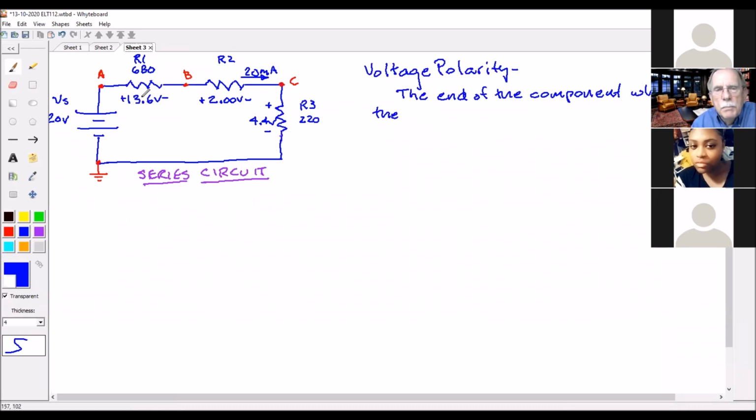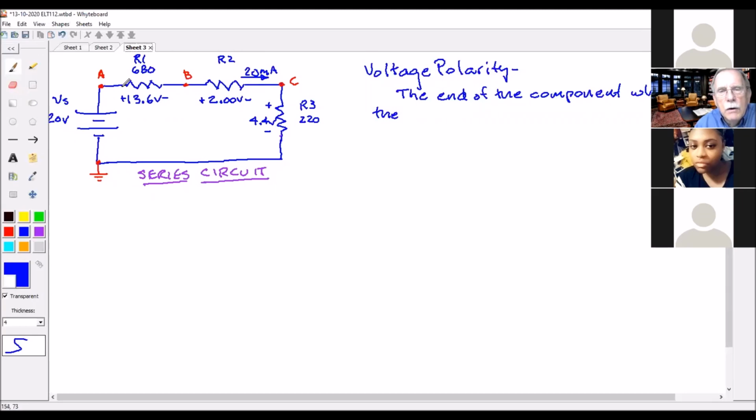So when we talk about the polarity of a resistor, we're going to look at, say, okay, this voltage, 13.6, was associated with R1. The more positive end of that is on the left side, the more negative end is on the right side. That's not because left is better than right, it's because when the current leaves here, remember, current always flows from positive of the source through the circuit to the negative of the source.